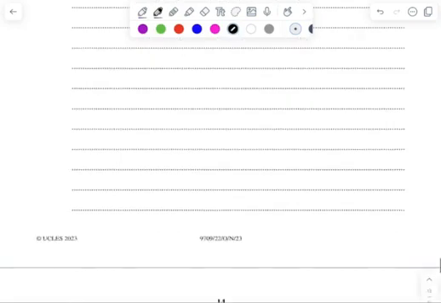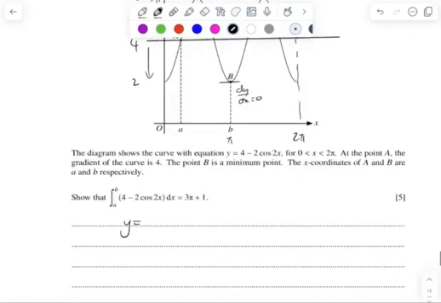Okay, 4 minus 2 cos of 2x. My gradient dy dx is equal to, so my 4 is going to fall away. Minus 2, cos becomes minus sine. And then we're going to multiply it by 2. So it's 4 sine 2x.